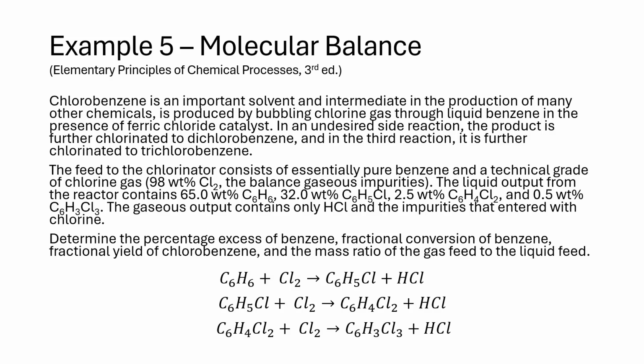The balance is gaseous impurities. The liquid output from the reactor contains 65% C6H6, 32% C6H5Cl, and so on. The gaseous output contains only HCl and the impurities that enter with the chlorine. Determine the percentage excess of benzene, fractional conversion of benzene, fractional yield of chlorobenzene, and the mass ratio of the gas feed to the liquid feed.